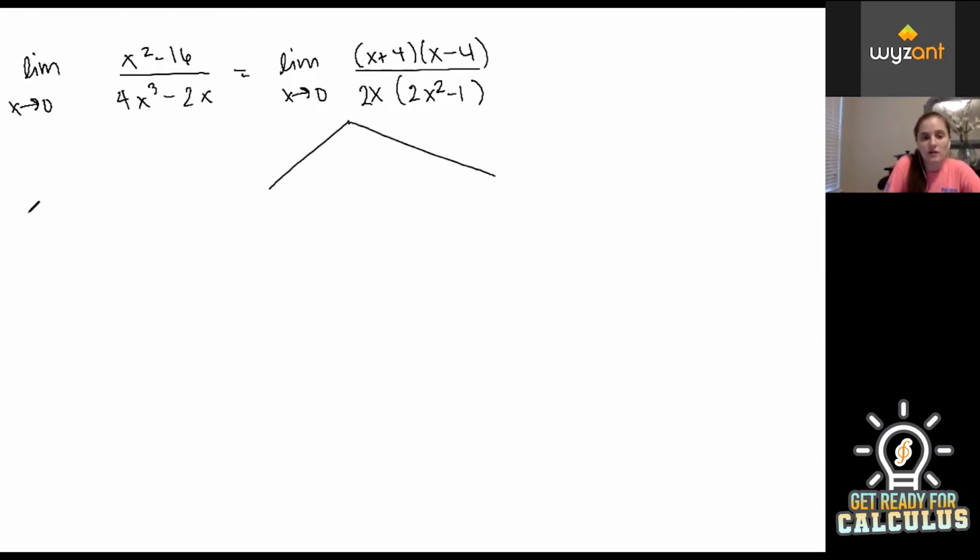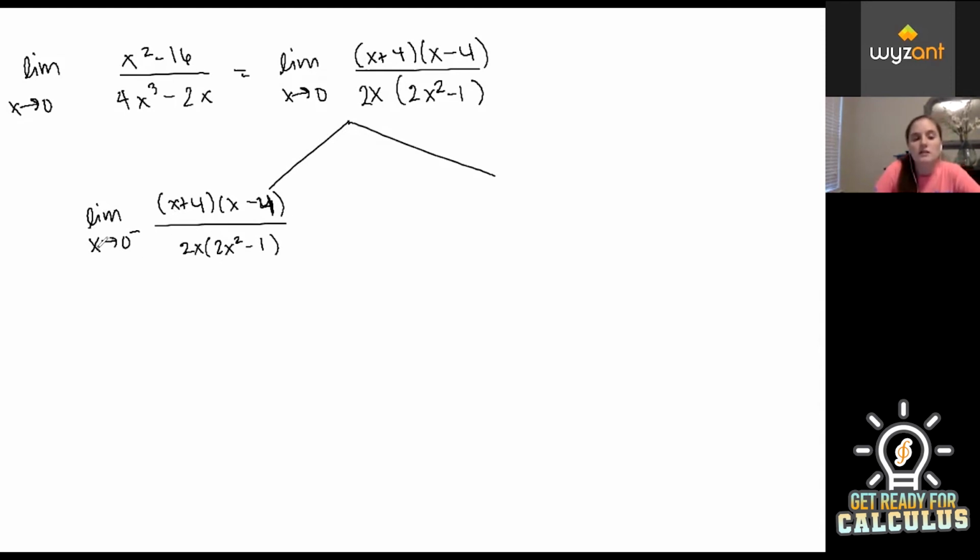So we're going to branch off, and we're going to think about the limit as x goes to 0 from the left of x plus 4, x minus 4, over 2x squared minus 1. So when I plug in 0 from the left, I'm plugging it in on the negative side. So I'm plugging in a negative, really, really small number. So on top, the negative, really small number is not going to affect it very much.